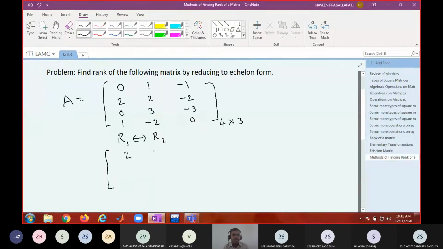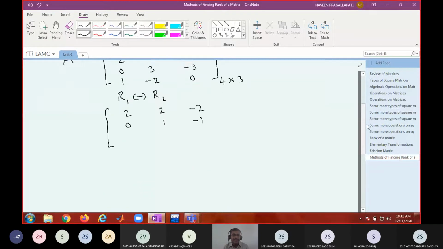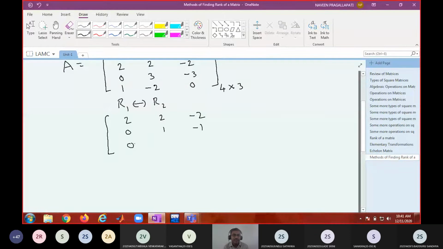Okay, so 2 minus 2, 0, 1 minus 1, and the remaining rows are same. 0 3 minus 3, 1 minus 2, 0. Now what symbol should I place here? I applied some row operation, so should I put equal? I should put equivalent.